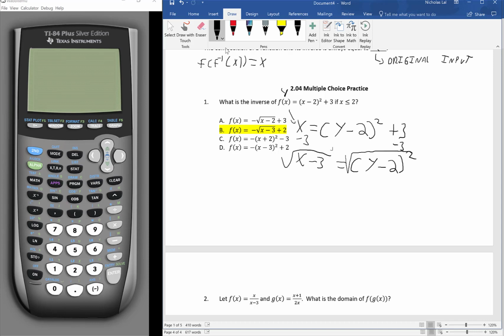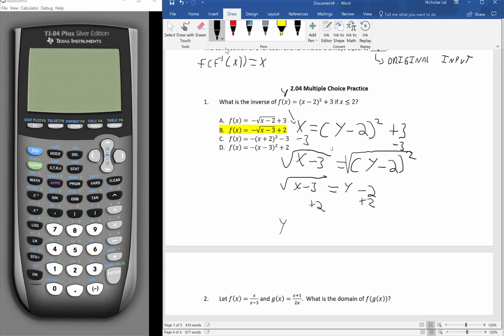So the square root of x minus 3 is equal to y minus 2. All right, and then we add 2 to each side.